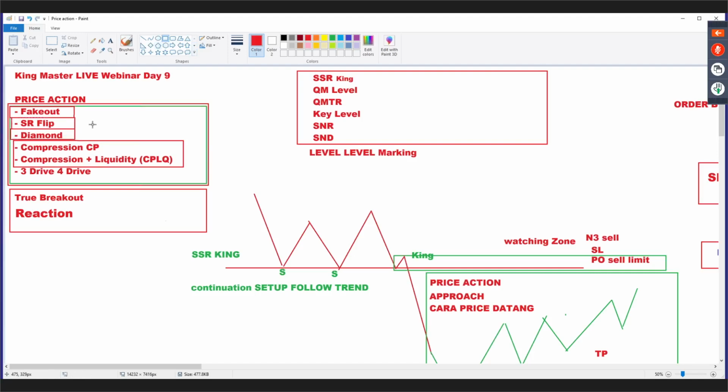This is also a good price action, a good sign that the price will reverse. SR flip never fails me. SR flip is one of my favorite setups. As long as I enter with SR flip, I will win again and again and again. So we will learn it next week. Is that okay?